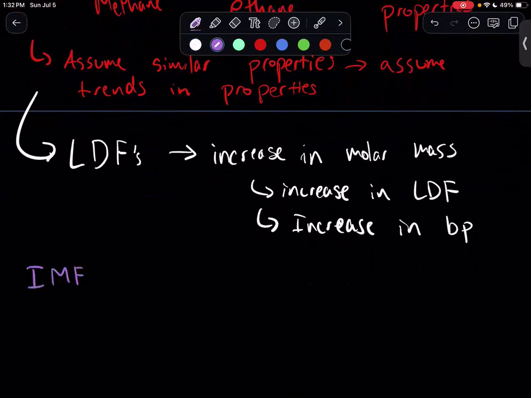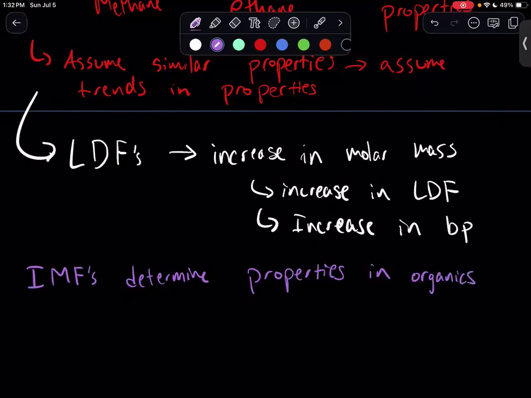So when we look at IMFs, we know that IMFs determine properties in organics. And there are multiple ways they can do this, but they determine properties in organics by three criteria. So the first is through molar mass.